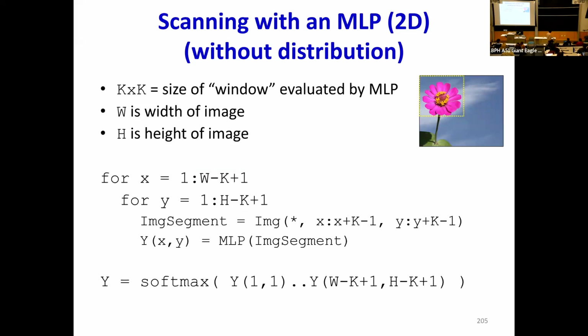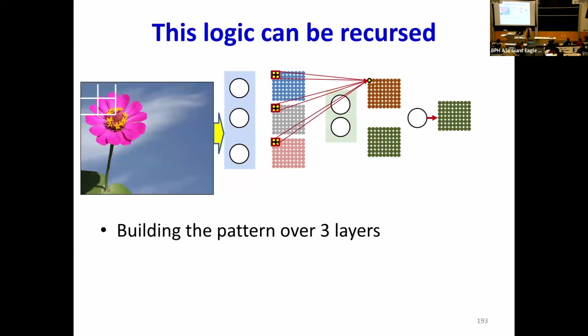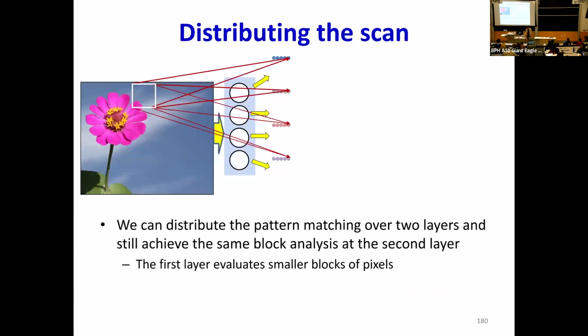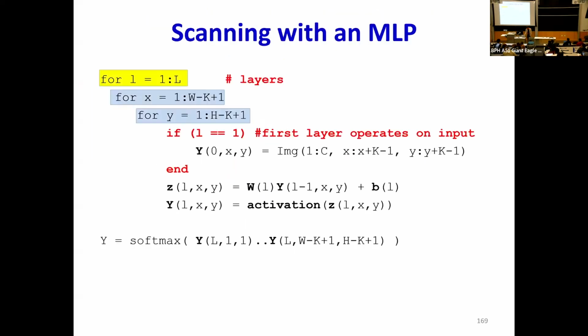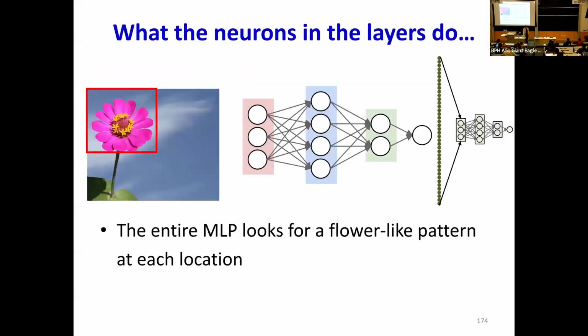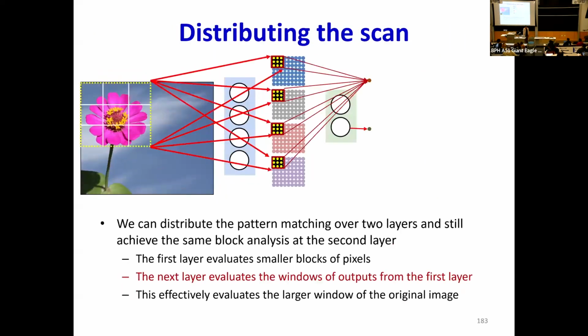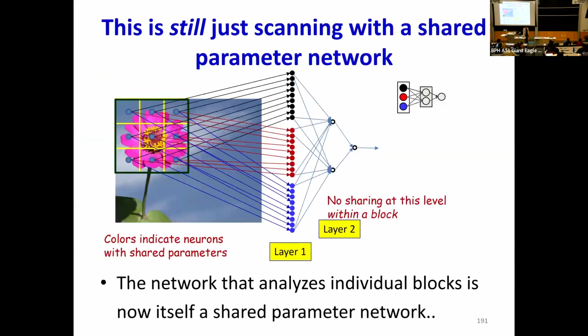If you look at the previous pseudocode, for the first layer I was looking at a block of the input, while subsequent layers looked at just one position. As it turns out, this crazy business of distributing the scan actually makes the pseudocode simpler.